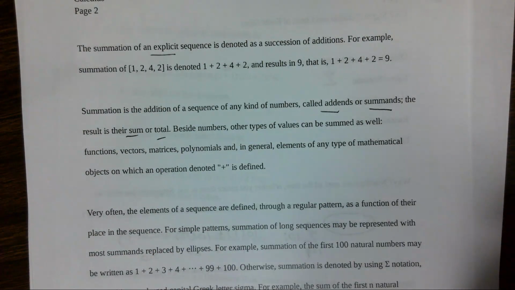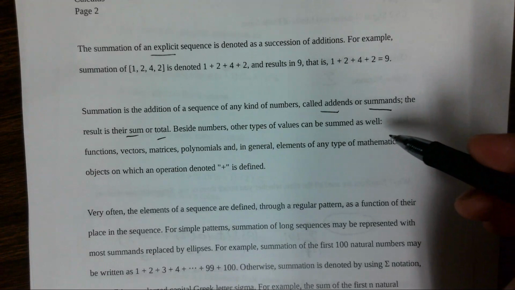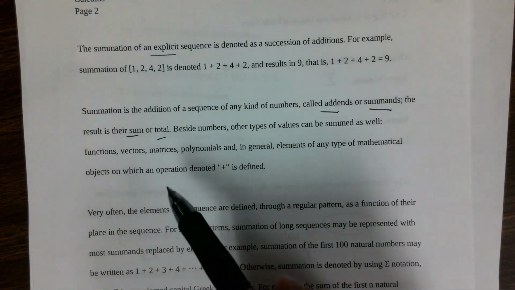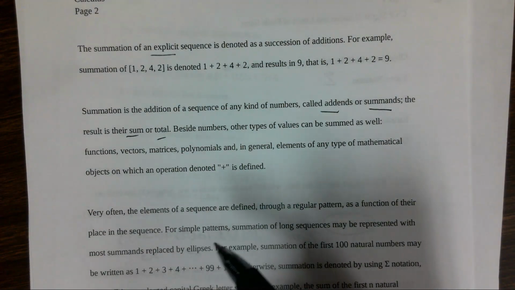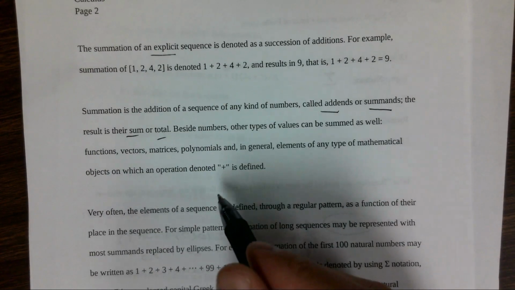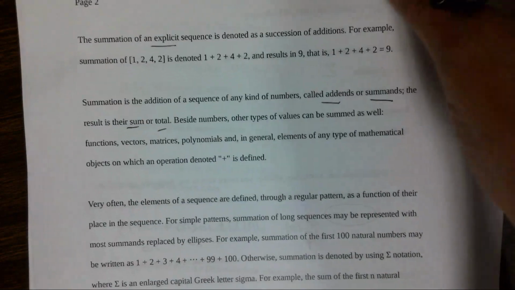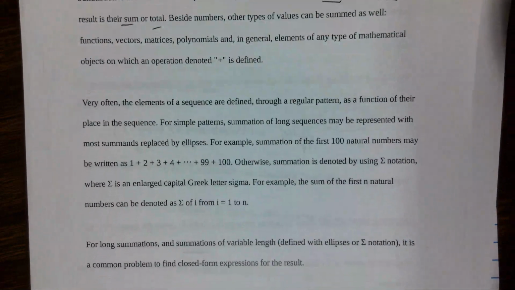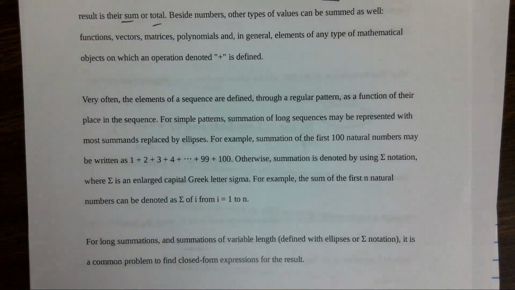Besides numbers, other values can be summed as well: functions, vectors, matrices, polynomials, and in general, elements of any math object where addition is defined. Very often, elements are defined through a regular pattern as a function of their place in the sequence.